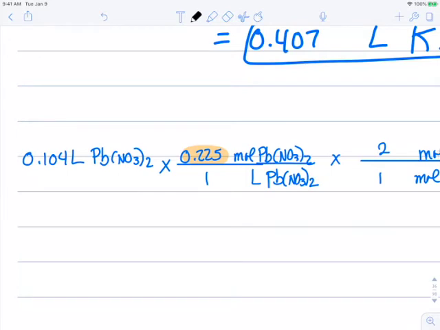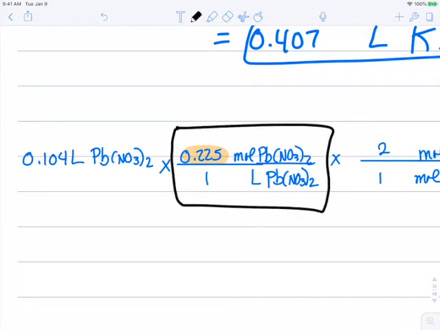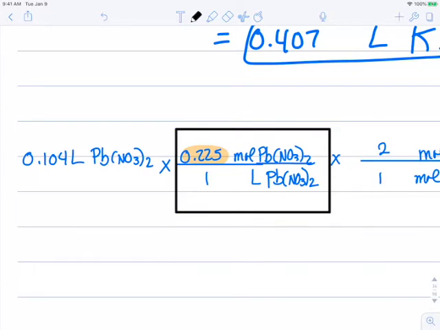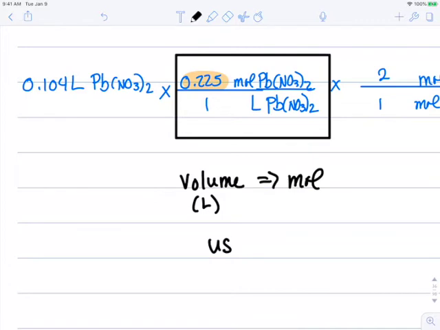All right, so the very first thing that we did here is we went from our volume in liters, we went into moles, and you use the molarity given. So similar to the gram to gram conversion, but instead of using molar mass, you're using molarity. It allows you to convert between volume and moles. So that was our very first step.